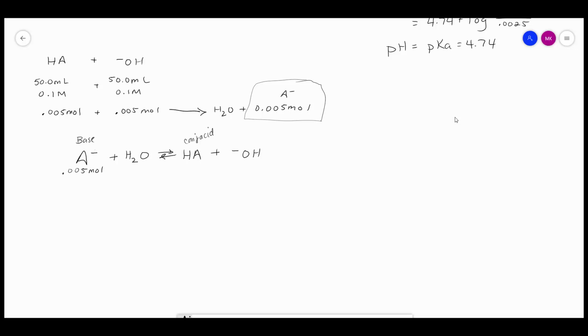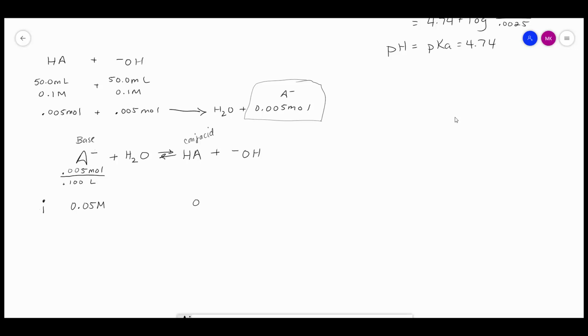So we do need to make that into molarity. We have to divide this by our total volume. Our total volume is 100 milliliters. So we take our moles, 0.005, and divide that by 0.1. So our initial concentration of A minus is 0.05 capital M molar.